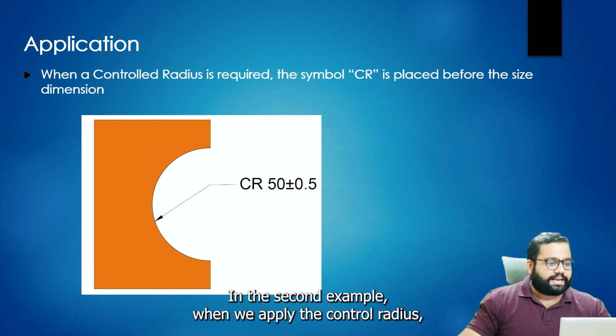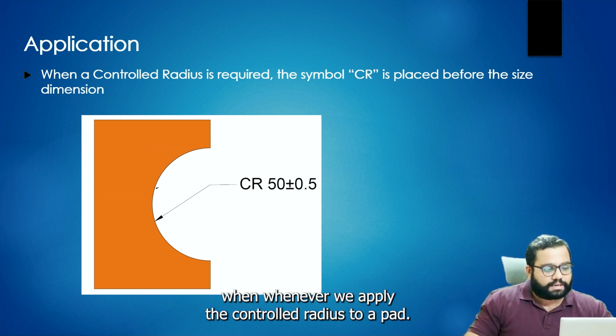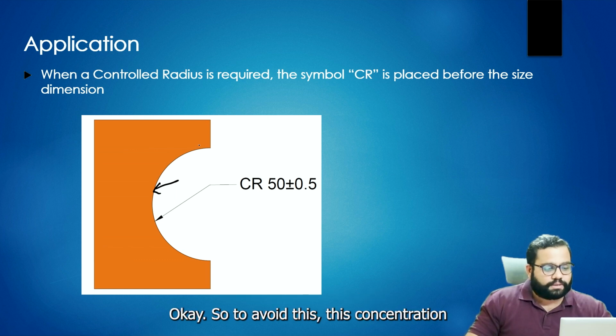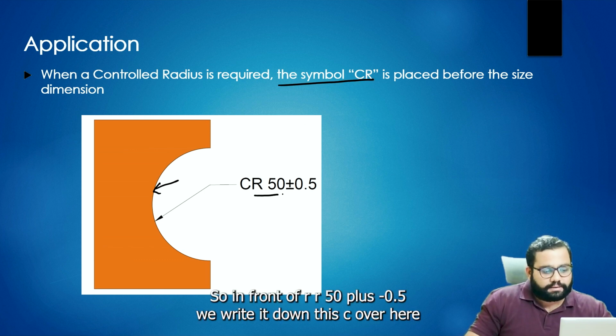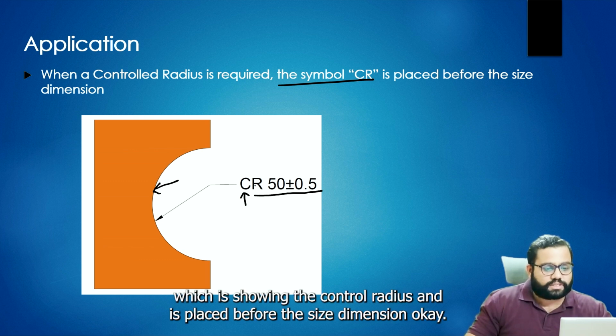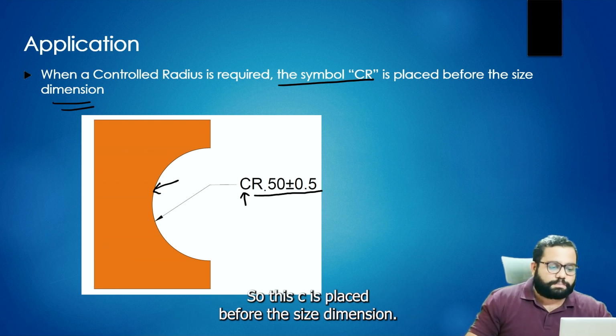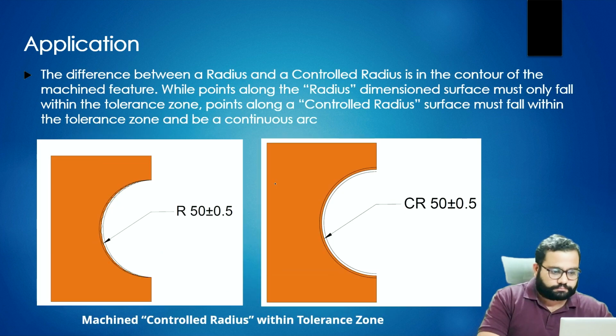In the second example, we apply the controlled radius to a part to avoid stress concentration. In front of R50 plus or minus 0.5, we write this C, which shows the controlled radius and is placed before the size dimension.